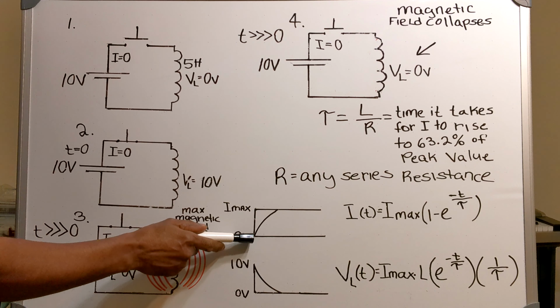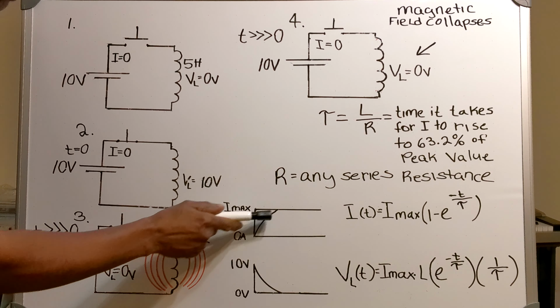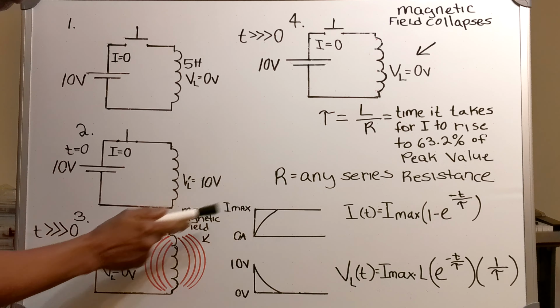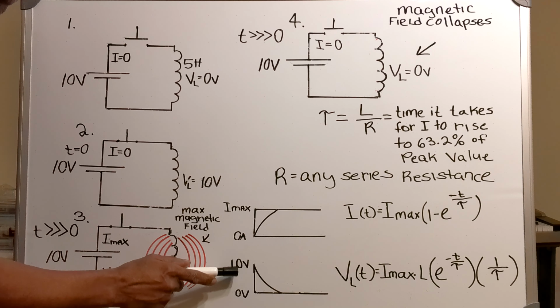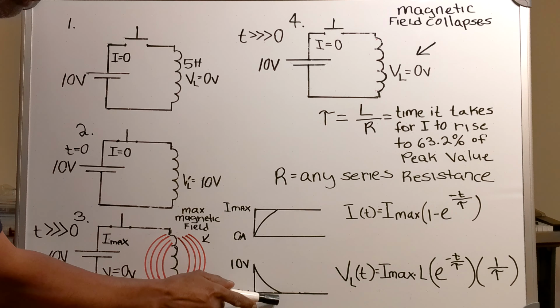The current has gone from 0 amps to maximum. The voltage, however, has gone from 10 volts straight down to 0.